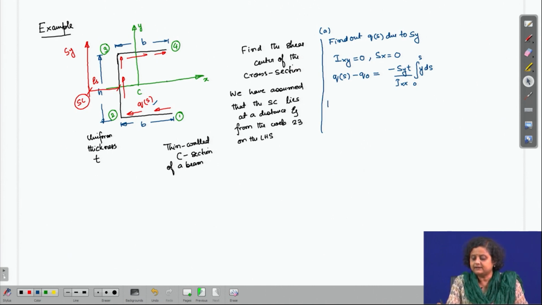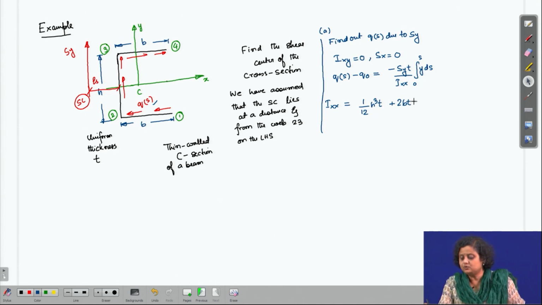So, the next thing that we need to do is to find out Ixx. Ixx is going to be 1/12 into h cube by 2t, for the portion 2, 3, plus 2 into bt, twice the area of the top and bottom flange, into h by 2 whole square.